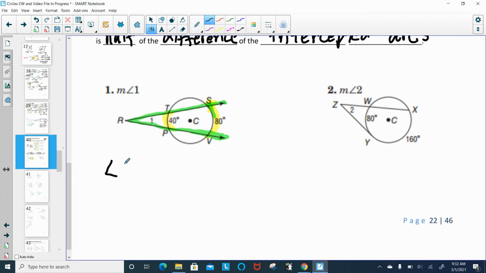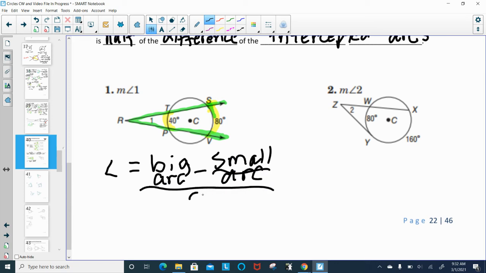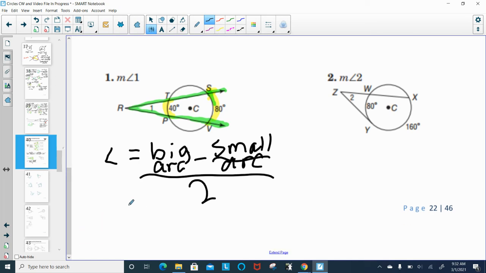So if we do angle equals big arc minus small arc, divided by 2, we have 2 arcs, one of which is 80 and one of which is 40.